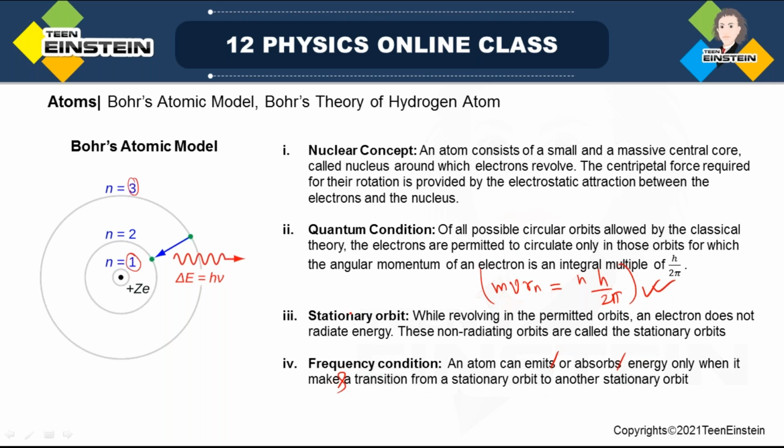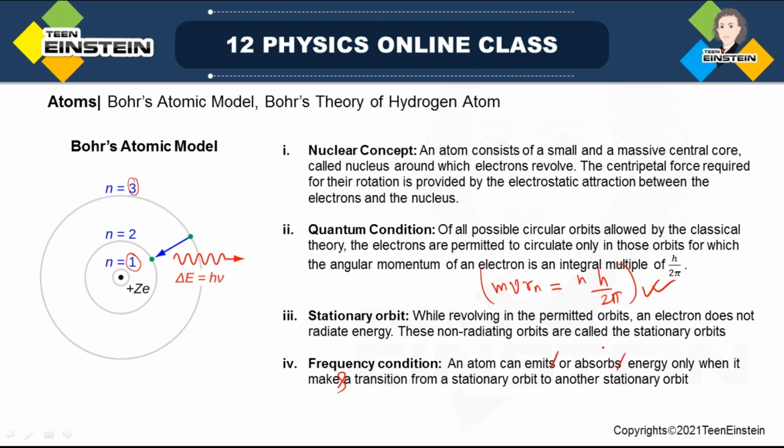That means the existence and stability of the atom can be explained. Now how can we explain the discrete nature of energy? You have stated that electrons will not radiate energy when they are revolving in their permitted orbits. Those are called non-radiating orbits or stationary orbits.